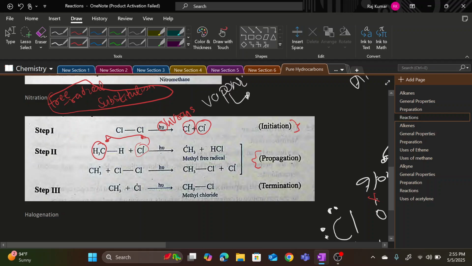It will make this methyl group unstable and make itself stable by bonding with hydrogen, due to which it will form HCl, and alongside that it will give an unpaired electron to methyl, due to which methyl will become a free radical. So H and Cl formed a bond, forming HCl, hydrochloric acid, while methyl converted into a free radical.